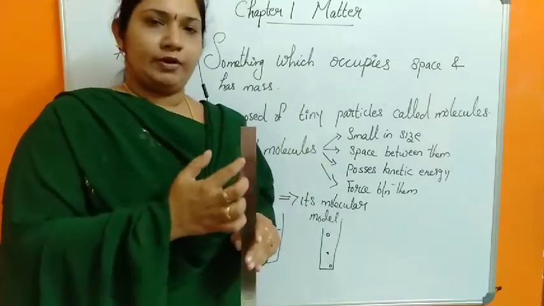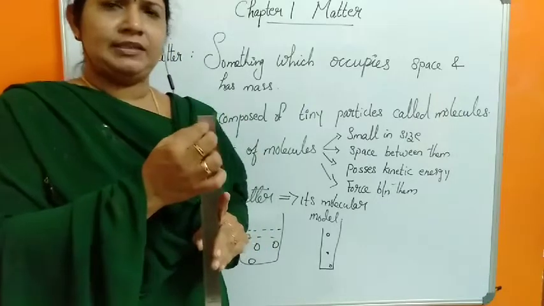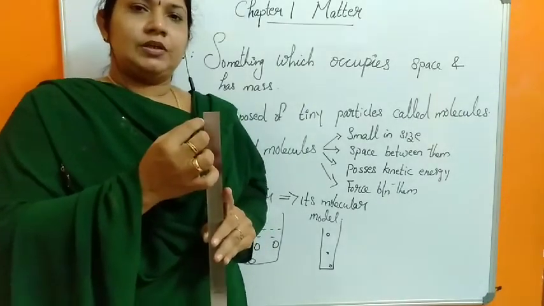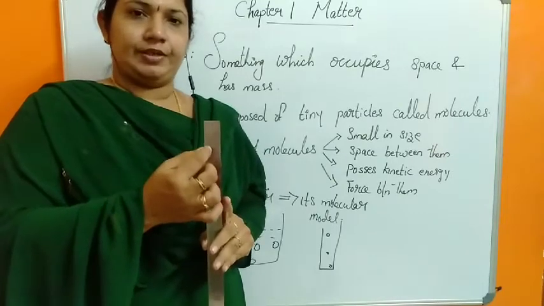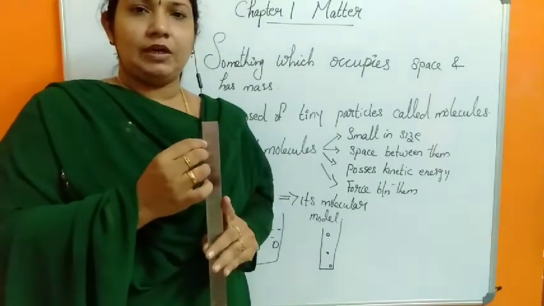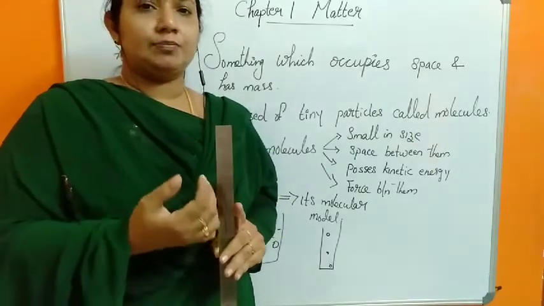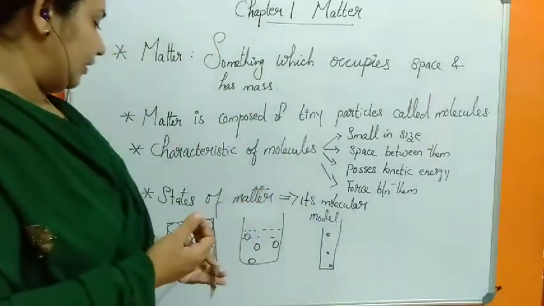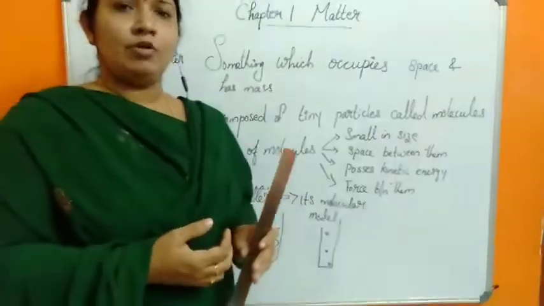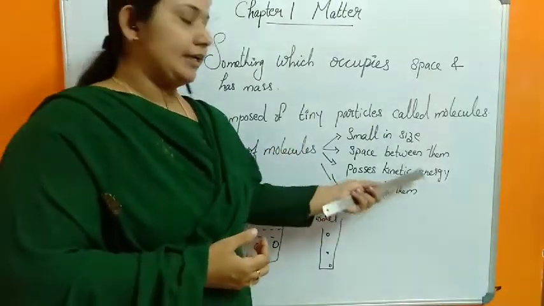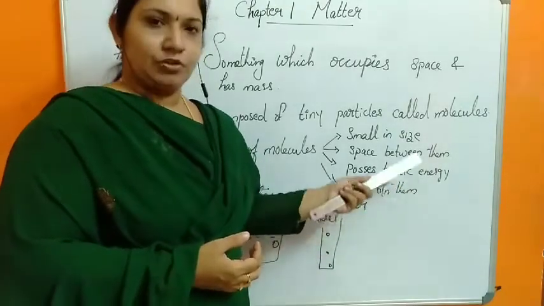So all the molecules inside the scale, there are millions and millions of molecules, each molecule is in motion. But in a solid, that motion is just vibration. It cannot leave its position, which I will explain when we reach the molecular model. So the third character is that they possess kinetic energy. That means they are in motion.